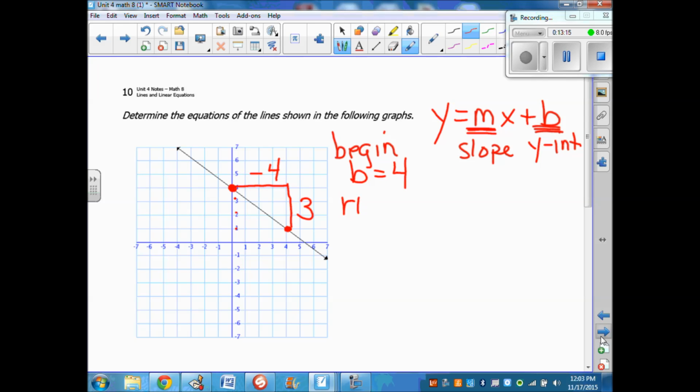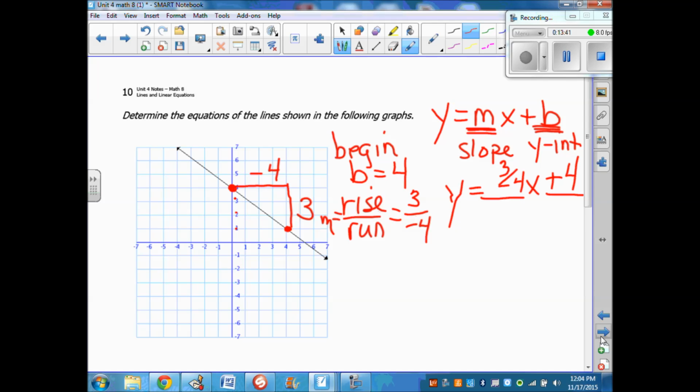So my rise over my run is 3 over -4. That's my m, that's my slope. And now we can fill in, because this is all a fill in the blanks. Blank x blank. So my slope, 3 over -4x, and then plus 4.